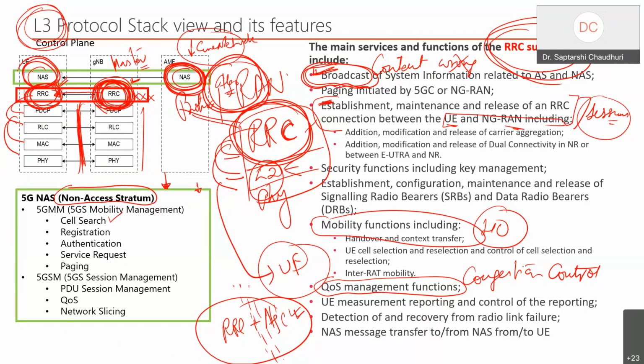When you switch on your device, the NAS software wakes up and tells the physical layer, please start the cell search mechanism. After the cell search is done, it will trigger the device RRC to do something. This is the actual mechanism from the device's world: the non-access stratum starts the registration process with the core network actually.